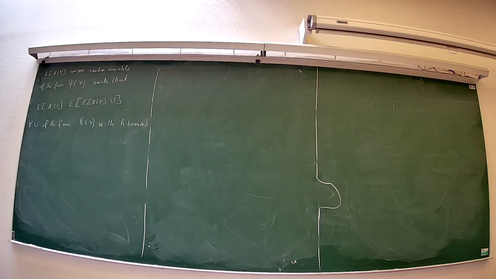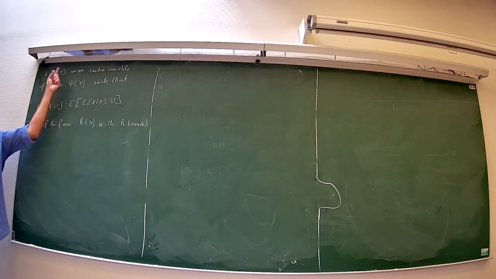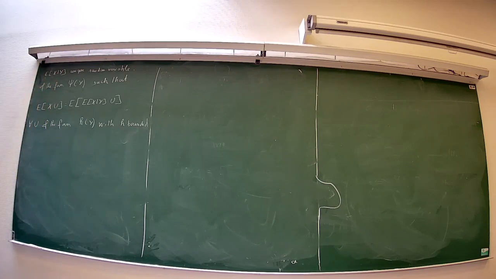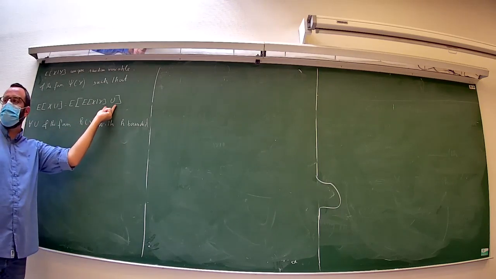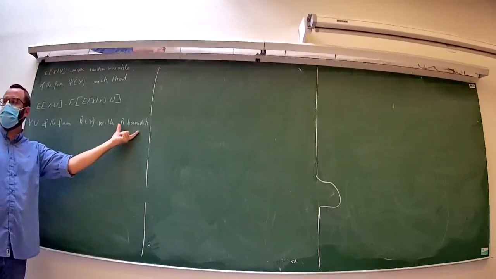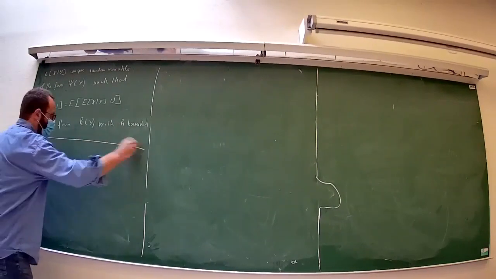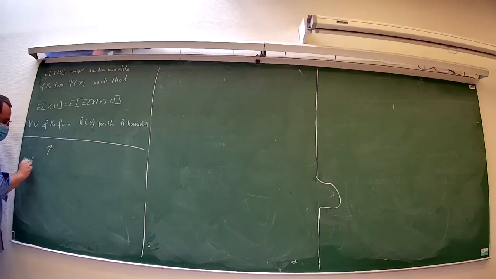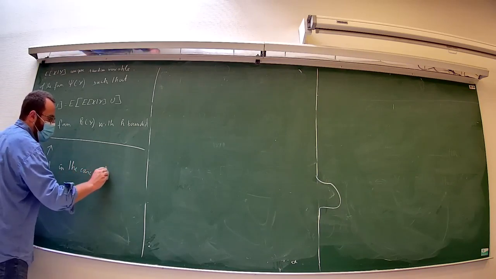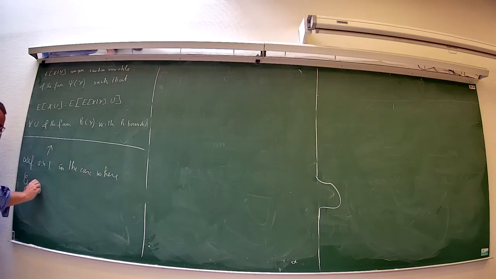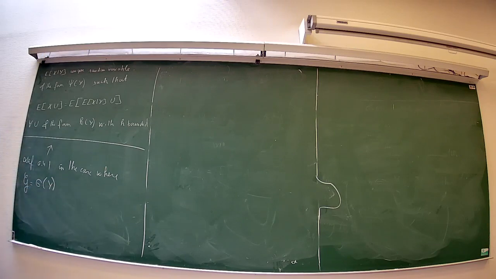So I have just copied the definition 0.4.1, adapted to the fact that the underlying sigma algebra is sigma of y, and u, being sigma of y measurable and bounded, is just a function of y, h of y with h bounded.